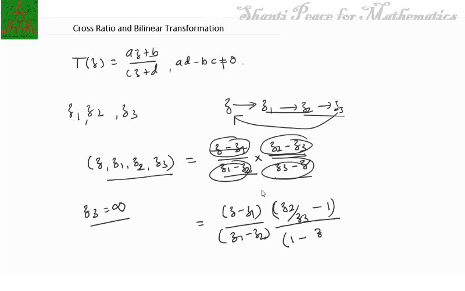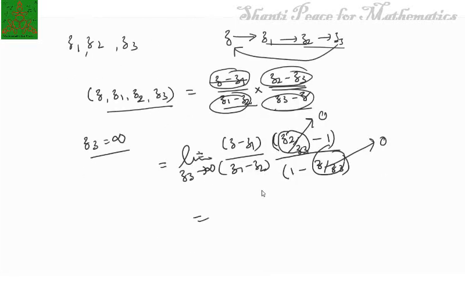So it is 1 minus z upon z3, and in front we take the limit z3 tends to infinity. Now this quantity tends to 0 and this quantity also tends to 0. So finally what we get is (z minus z1) upon (z1 minus z2), and due to this minus sign we have a minus here. This is the way we can write it if any of the complex numbers z1, z2, z3 is infinite, then this cross ratio is expressed in this manner.